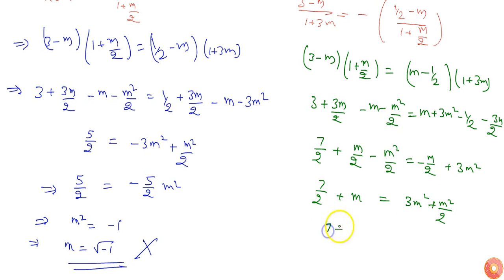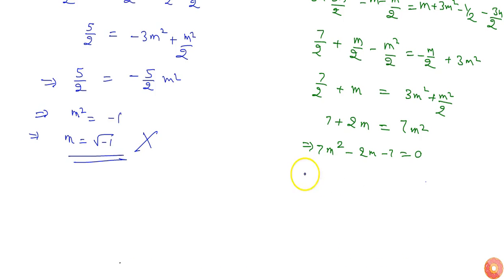So it will be 7 plus 2m equals 7m square. So we need to solve the equation 7m square minus 2m minus 7 equals 0. The solution of the equation 7m square minus 2m minus 7 will be m equals minus b plus minus under root b square minus 4ac, divided by 2a.